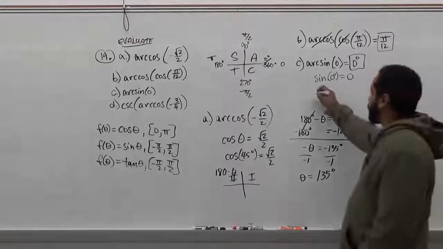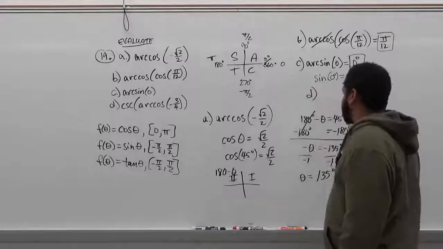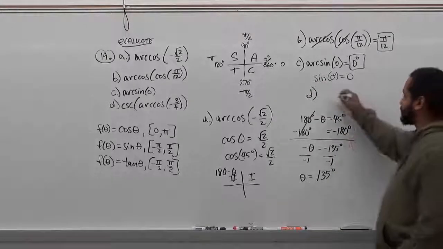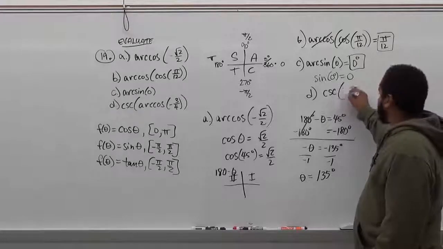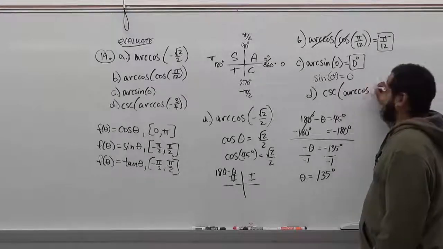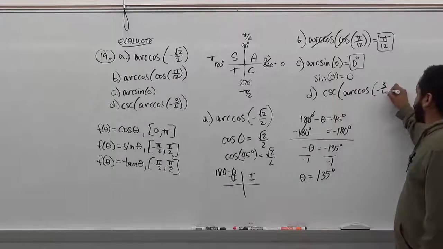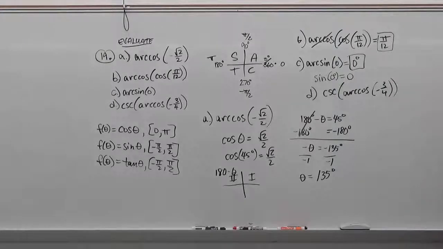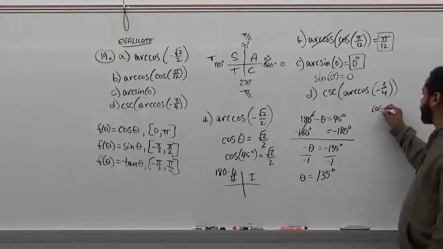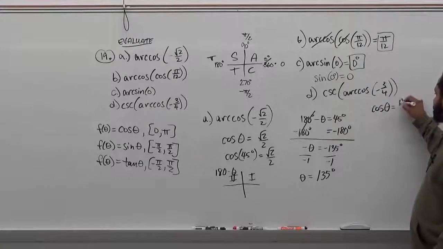Now finally we have part D. And part D is the troubling one, right? Because part D gives us the cosecant of the arc cosine of negative 3 over 4. And here what we know about the arc cosine is that cosine of the angle refers to the adjacent over the hypotenuse.